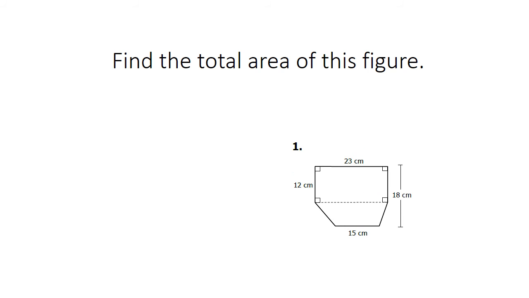So in this particular figure, you can see that there is a rectangle on the top portion, and it is sitting on top of a trapezoid. So we're going to use the area for the rectangle, then we'll separately find the area for the trapezoid, and we'll add those two together, and that will give us the total area.